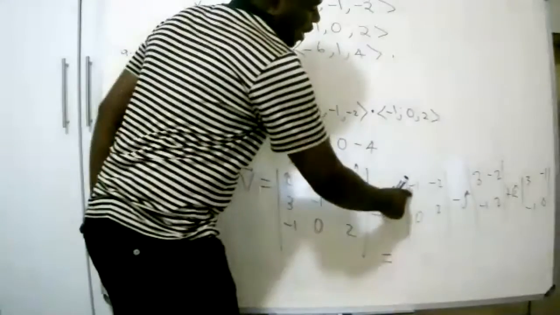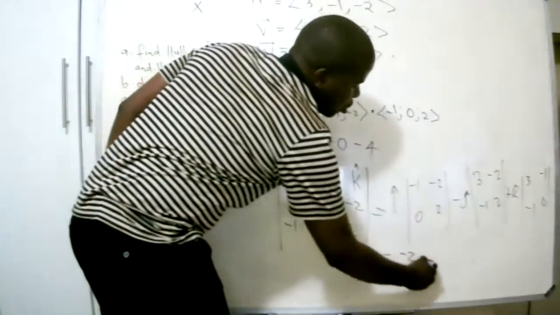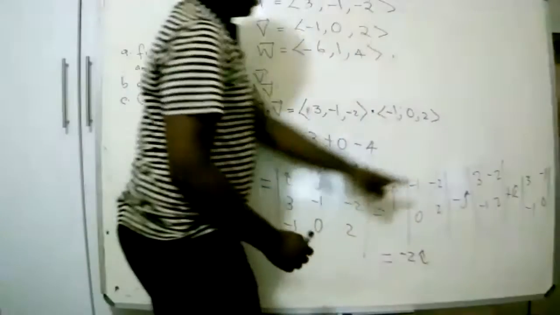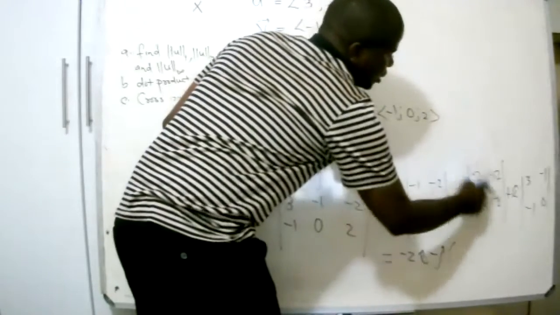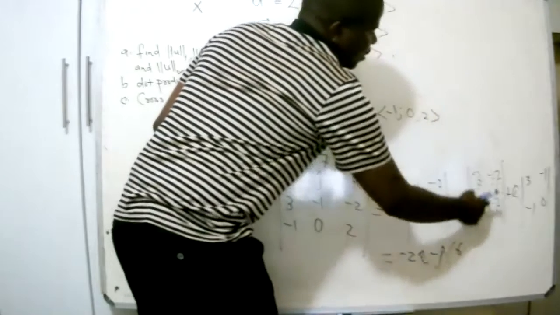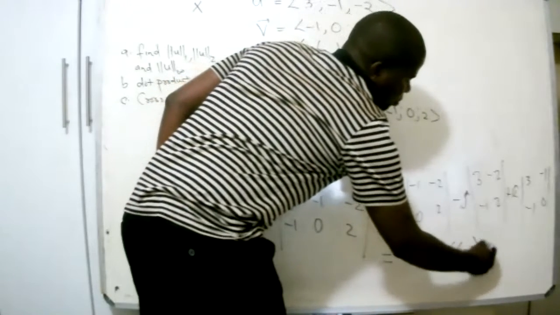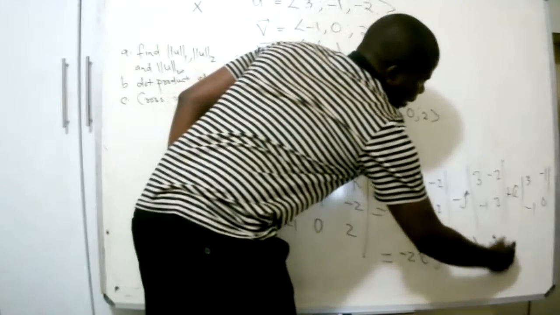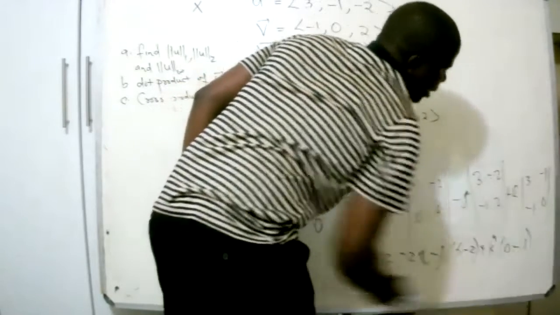So what happened is 0, then multiply, that's the negative 2i. And then on the other side, the j, this with that is going to give us 6, and then this with that is going to give us minus 2 plus k, and then there we're going to have 0, and then this we're going to have 1.